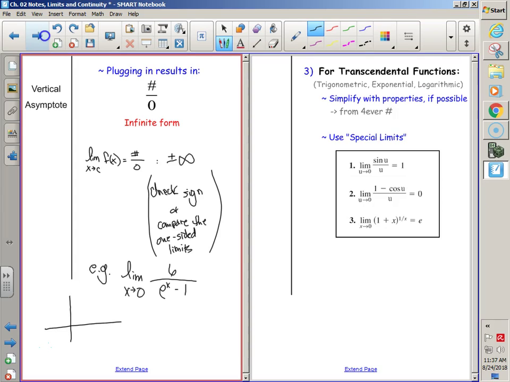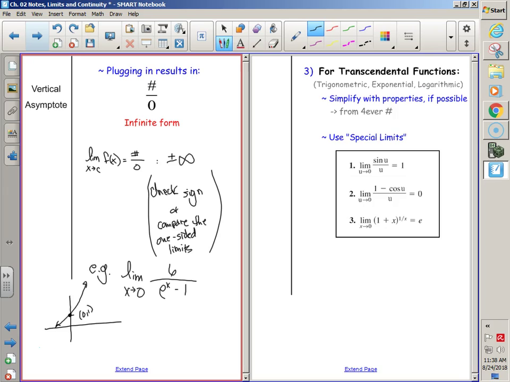Isn't e to the 0 equal to 1? So if e to the 0 is 1, then what would e to the a little bit under 0 be? A little bit less than 1. What's a little bit less than 1 minus 1? That's a negative number. What's e to the a little bit more than 0? More than 1. That's a positive number.